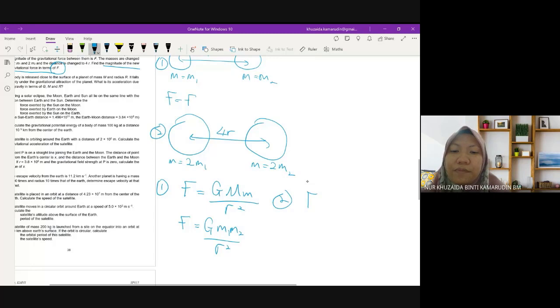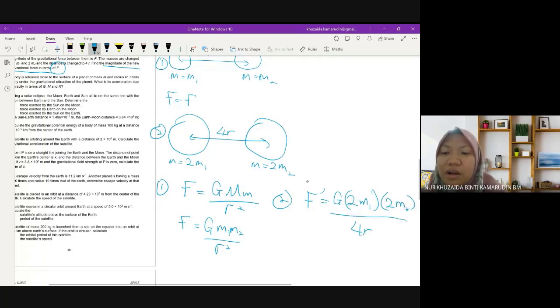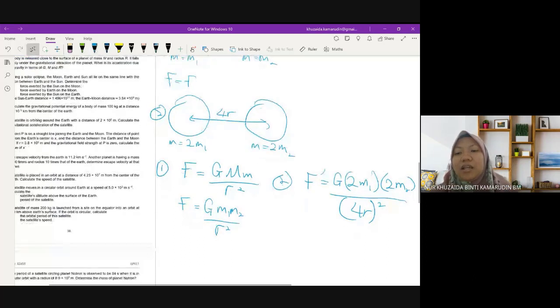We have F, the new force, is equals with G, substitute capital M, so kita akan dapat 2M1, substitute m, kita akan dapat 2M2, and then we have 4R, substitute into R square. Yang ni ramai careless mistake, bukan 4R square, dia adalah 4R dalam kurungan square.